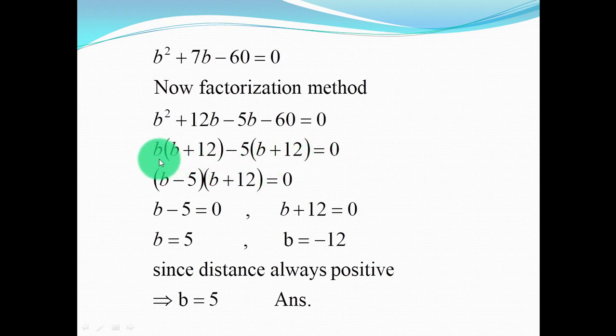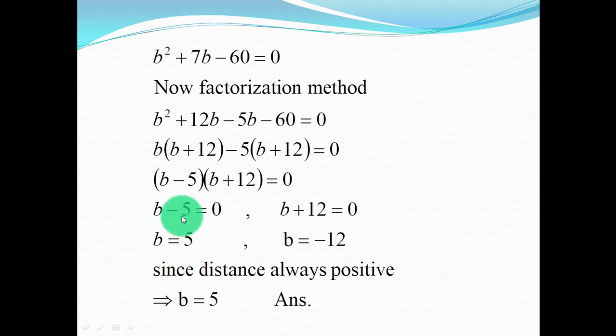Then b minus 5 is equal to 0, or b plus 12 is equal to 0.